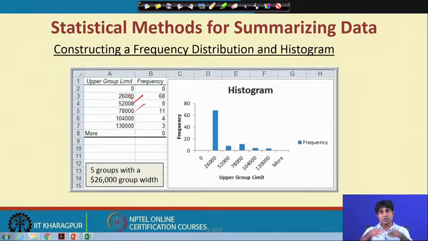So, the entire spreadsheet is now clustered into 2 different columns, where the first column has 6 observations and the second column has 6 observations. The first column represents the different income levels, and the second column represents the frequency against these income levels.